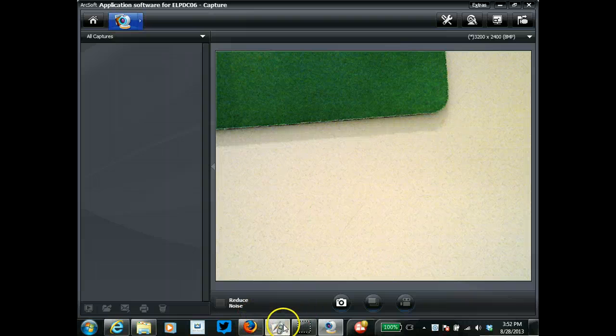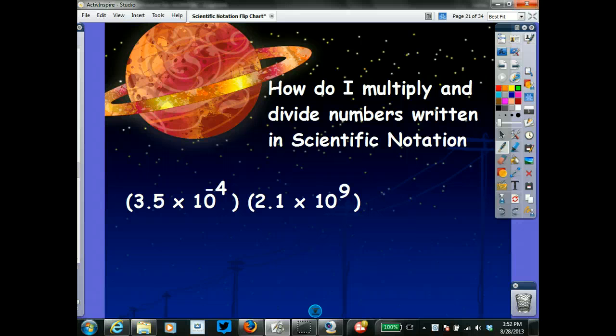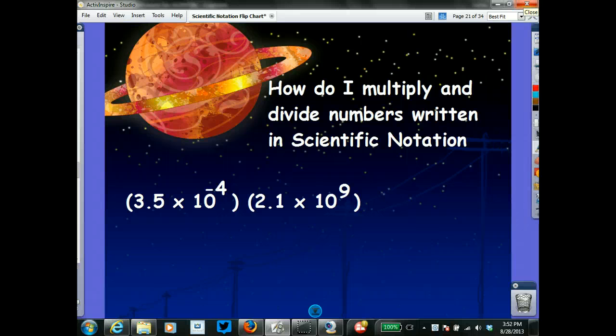So let's go back to here, and let's talk about how to multiply and divide numbers written in scientific notation. This will be the last section of this session. If I look at this, I know I've got to multiply. So I have to think, what's the rule when I multiply? What do I do to the exponents? When I multiply, I need to add my exponents.